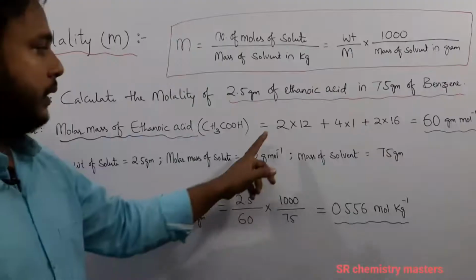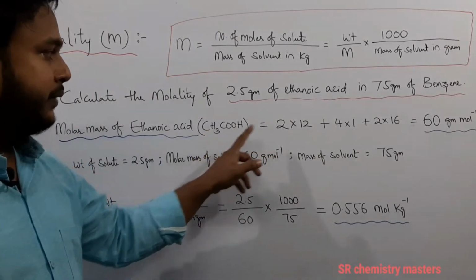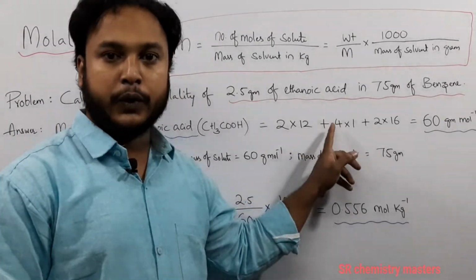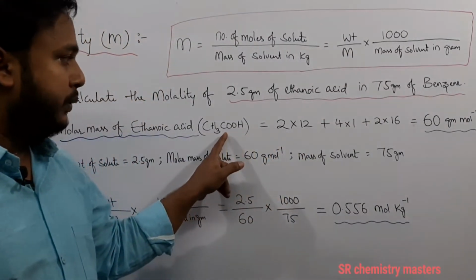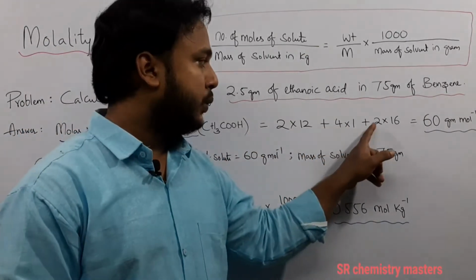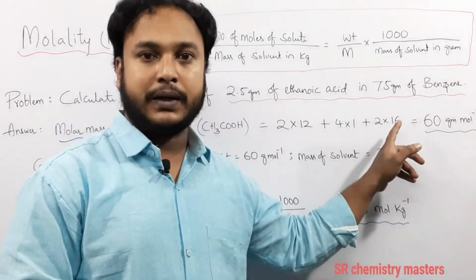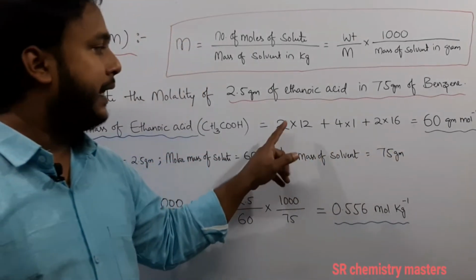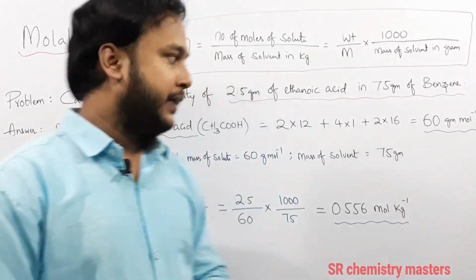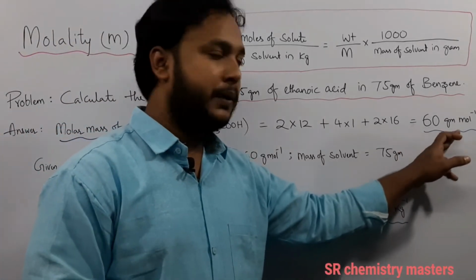So we are going to multiply 2 into 12, because 2 is the number of carbon atoms and 12 is the mass of carbon atom, plus 4 into 1, because 4 is the number of hydrogen atoms present in ethanoic acid and 1 is the mass of hydrogen atom, plus 2 into 16, that is 2 is the number of oxygen atoms and 16 is the mass number of oxygen atom. When we multiply and add these values, we are going to get 60, which is the molar mass of ethanoic acid. Remember, molar mass of ethanoic acid is 60 grams per mole.